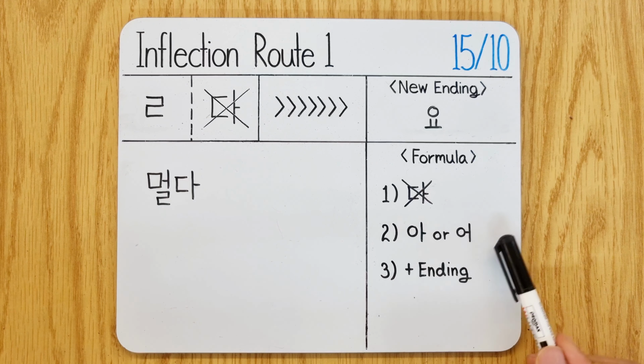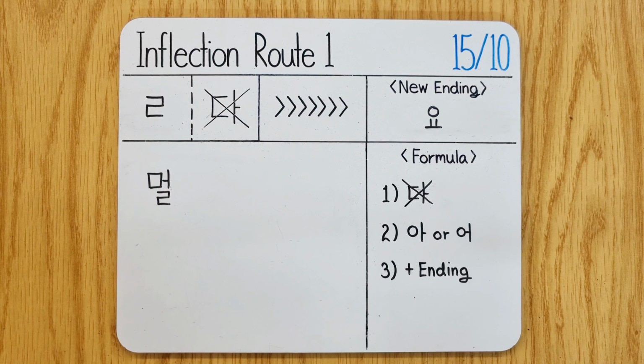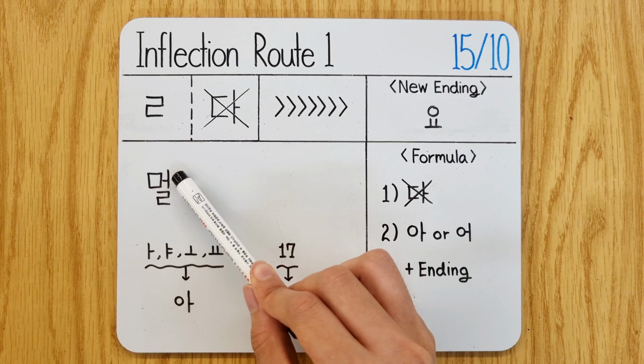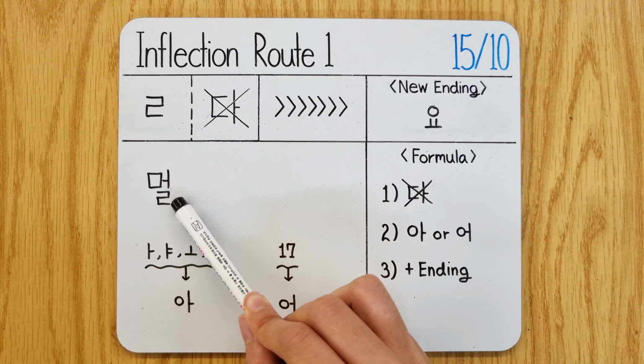So let's go through the three steps. Number 1, remove ta. Number 2, place a or all as the irregular middle section. Which one is it going to be? Yes, all, because you have to always look at the vowel that came right before the L or R consonant.